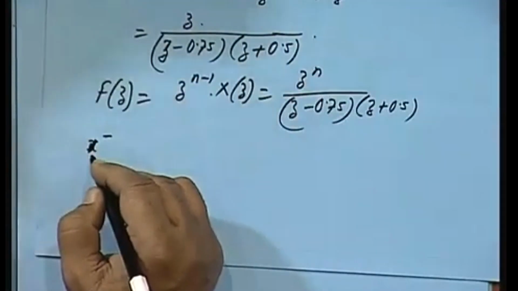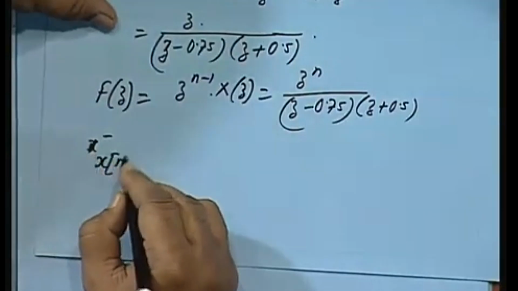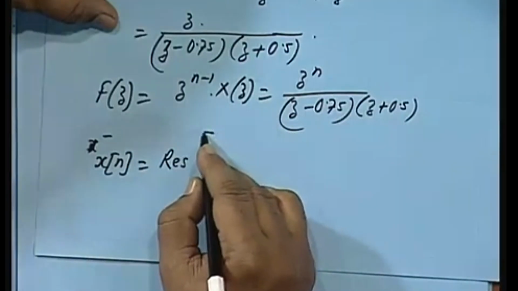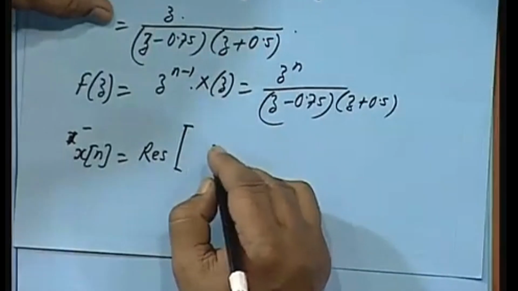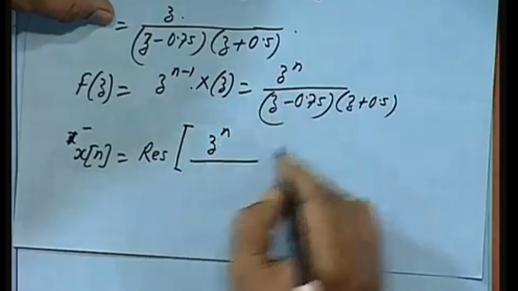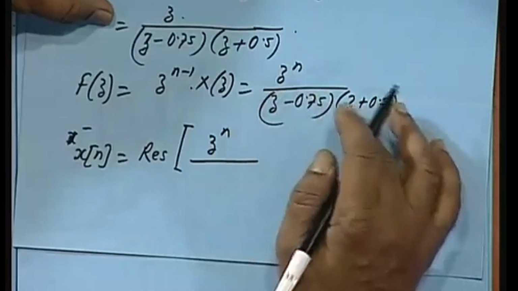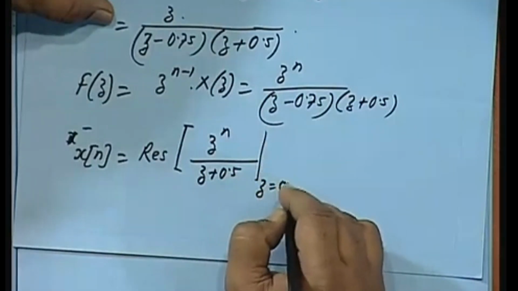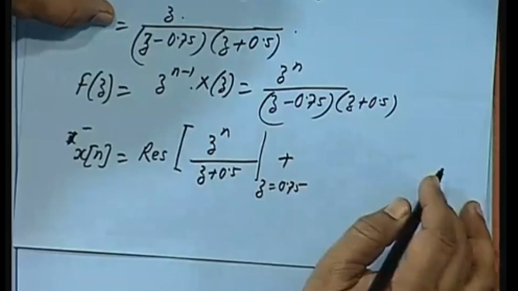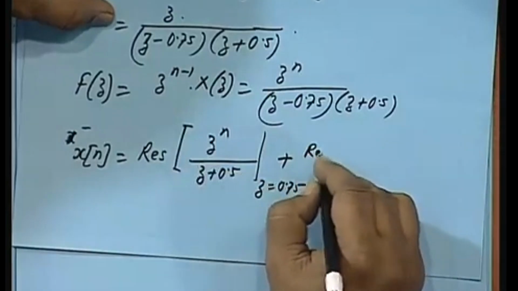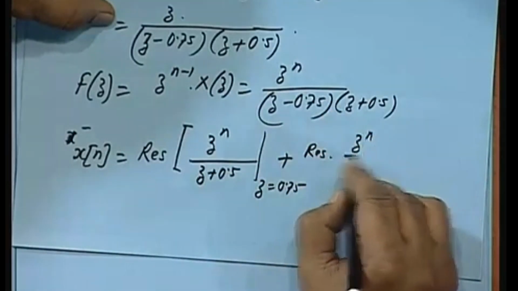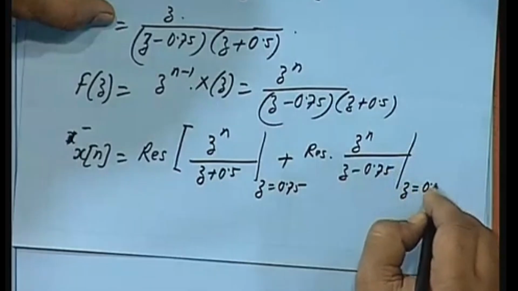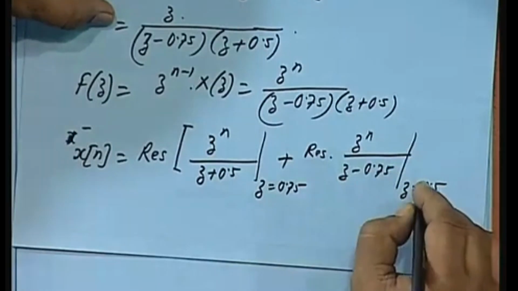Let me write the residues first. x[n] will be the residue of the first pole, that is z to the power n by (z plus 0.5), evaluated at z equal to 0.75, plus the residue of the second one, z to the power n by (z minus 0.75), evaluated at z equal to minus 0.5. Is that all right? Minus 0.5. Thank you.